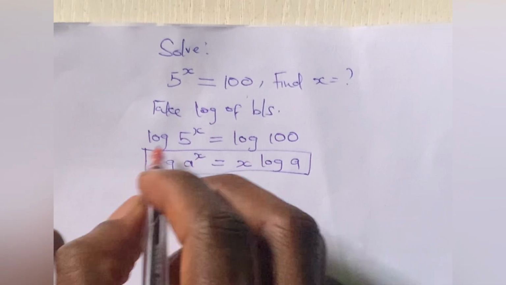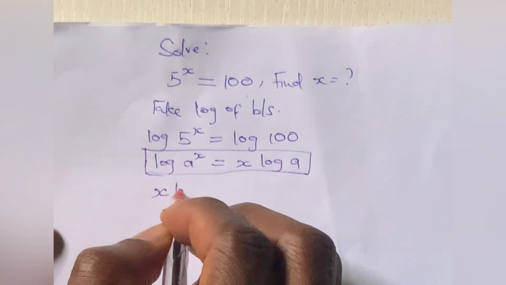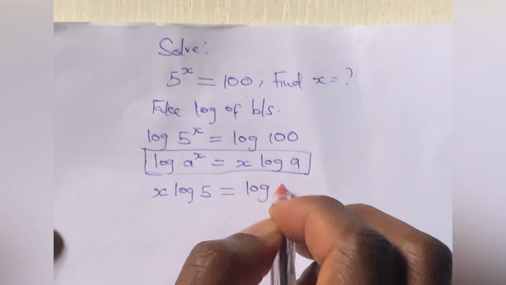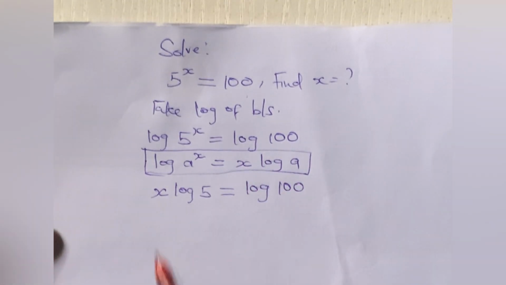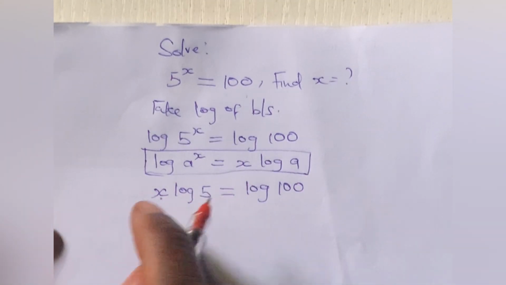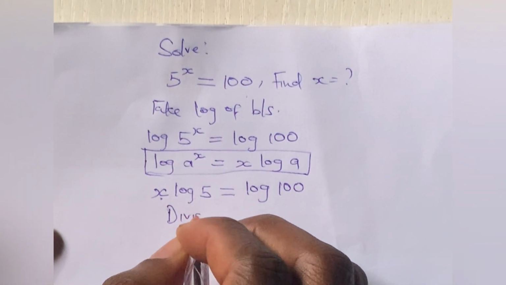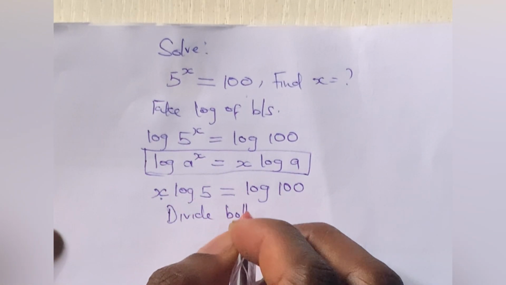So you have x log 5 is equal to log 100. Okay, we are looking for the value of x, so we can divide both sides by log 5.